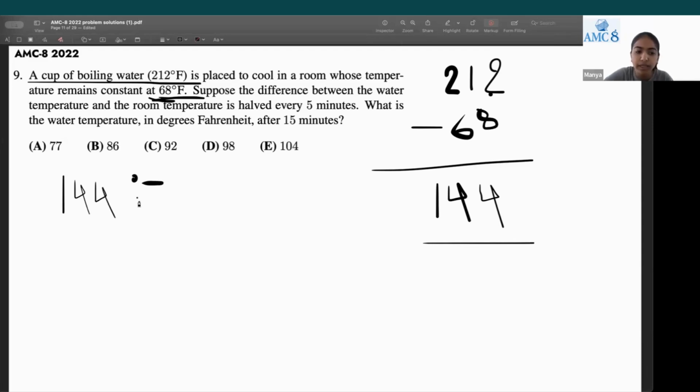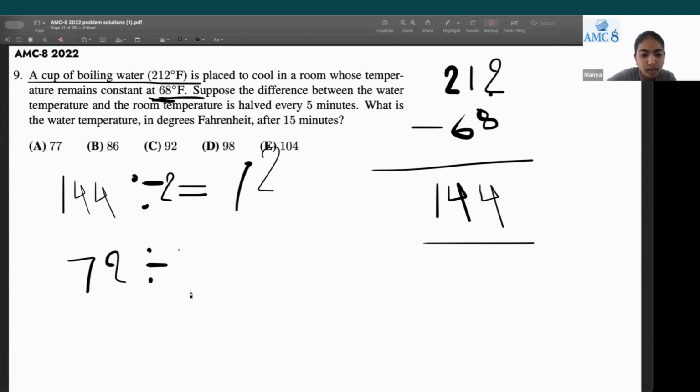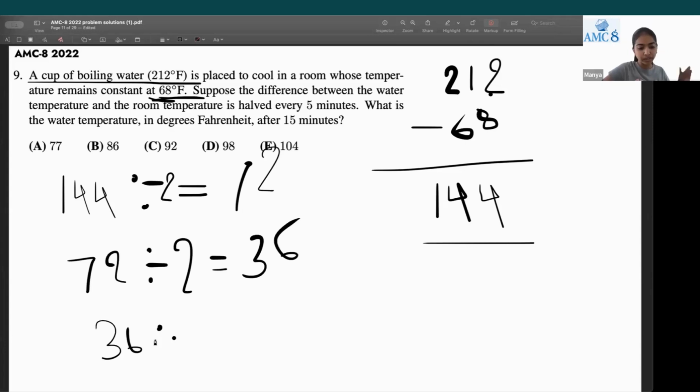We have to divide by 2 because they said that the difference gets halved every 5 minutes. So 144 divided by 2 is equal to 72. After 10 minutes, that's 72 divided by 2, which is equal to 36. After 15 minutes, 36 divided by 2 equals 18.